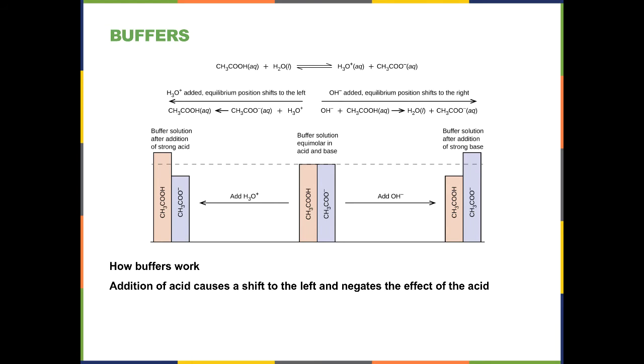So the addition of an acid causes a shift to the left, and it removes that hydronium ion from being present, preserving the pH. Again, adding base removes that base by accumulating extra acetate ion.